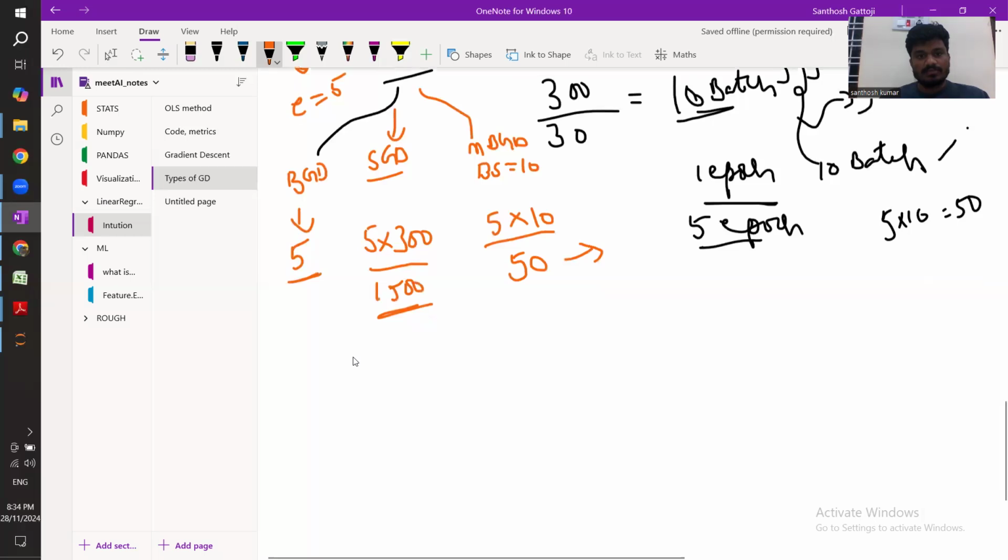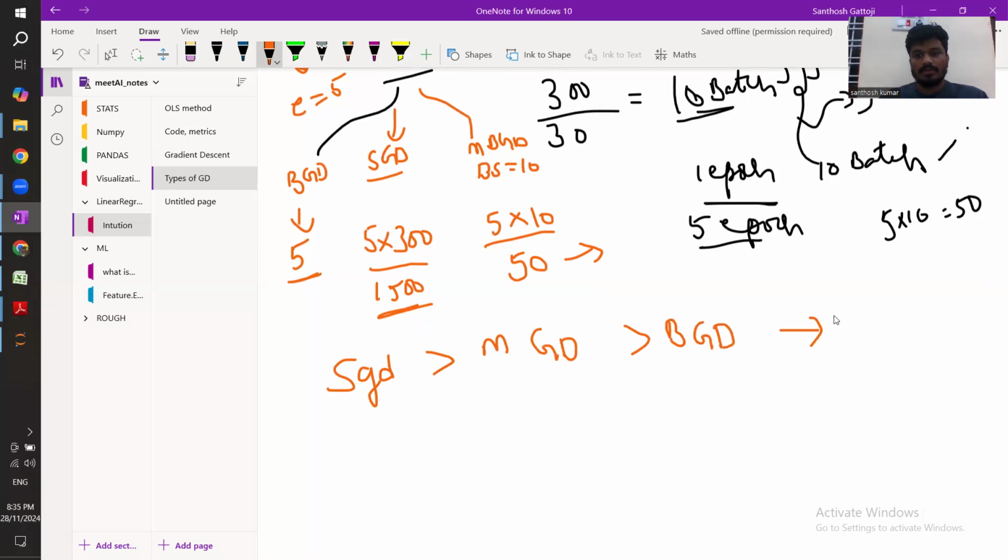Comparatively, stochastic gradient descent will converge faster than mini batch gradient descent, and that will be faster than batch gradient descent.